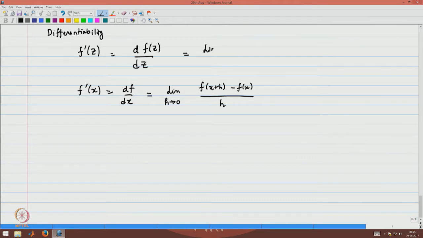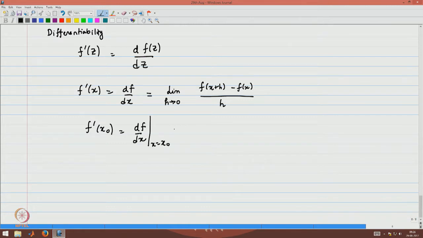So let me do it slightly differently. So this is the derivative at x. So f prime at x 0 is equal to df by dx evaluated at x equal to x 0.